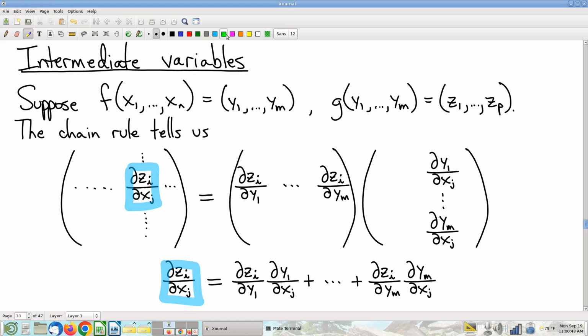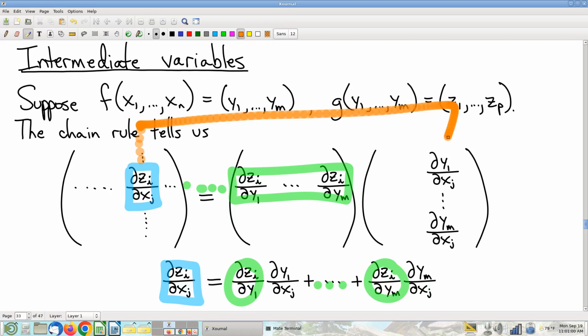So I can take whatever row that's in, and whatever column it's in, and dot it up.